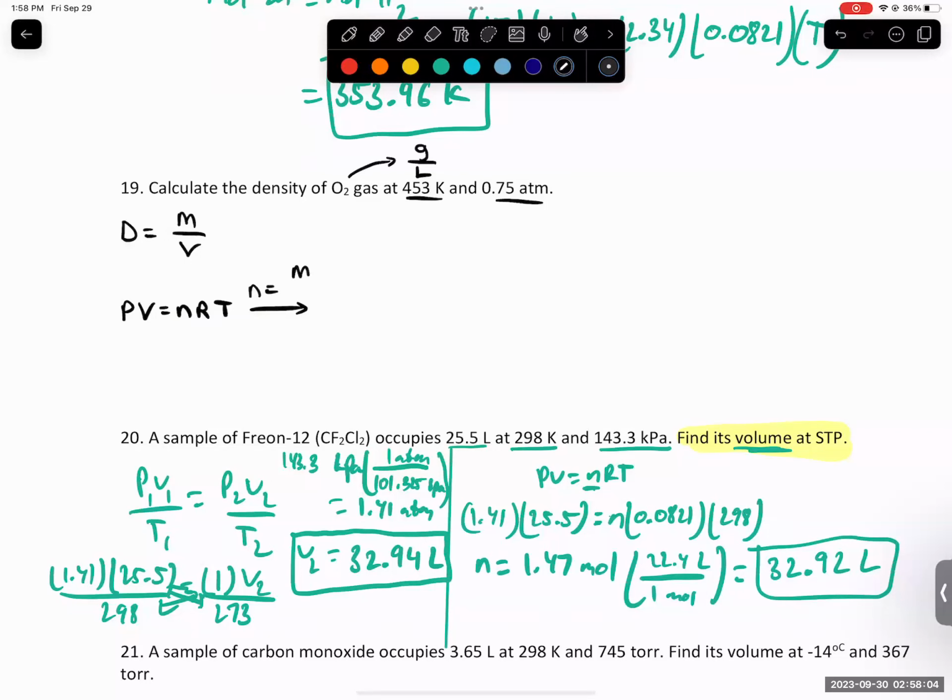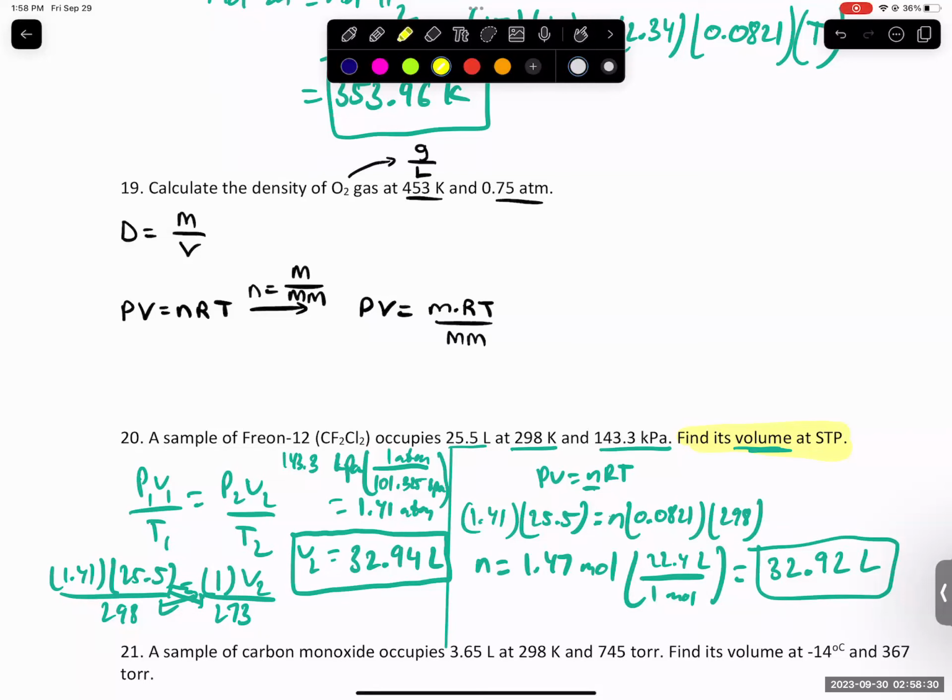So this is just basic substitution. We can insert mass divided by molar mass for n. So if we do that, we get PV equals mass times RT over molar mass.